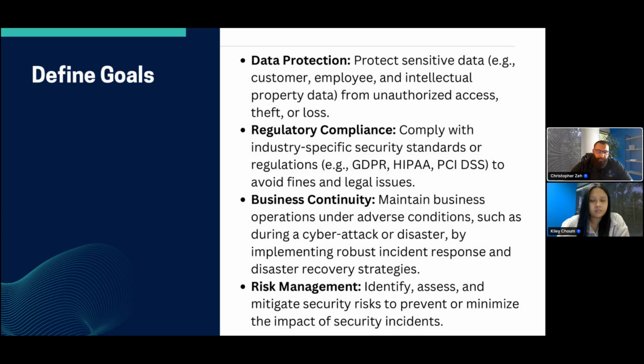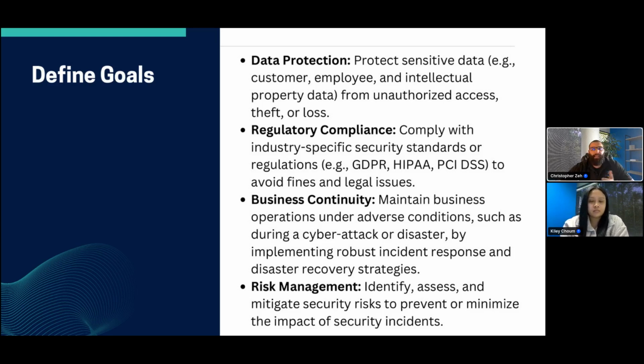Okay, now big thing, we want to define goals. We want to set clear, measurable security objectives that align with the organization's or your business's overall business goals. Examples are customer data. We want to make sure that's secure, but it's also available. We want to ensure regulatory compliance, say you're a healthcare unit and you want HIPAA.